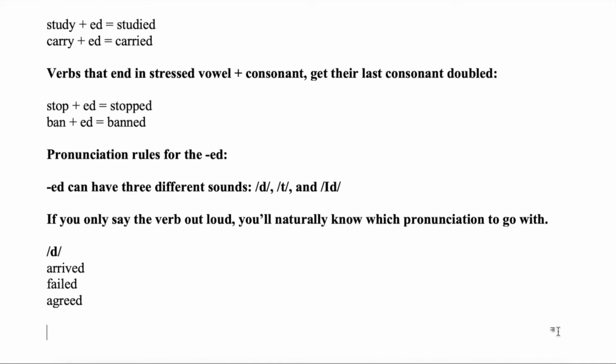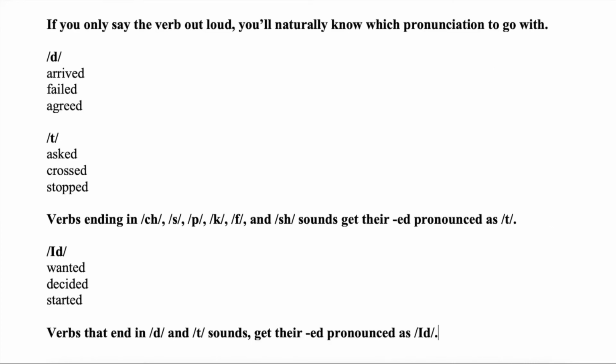Pronunciation rules for the ed. Ed can have three different sounds, d, t, and id. If you only say the verb out loud, you'll naturally know which pronunciation to go with, like arrive. It's certainly really difficult to say arrive-t. So, arrived, failed, agreed, d.